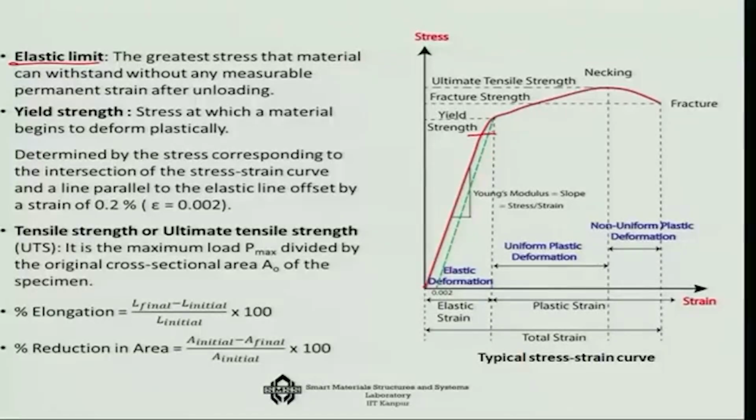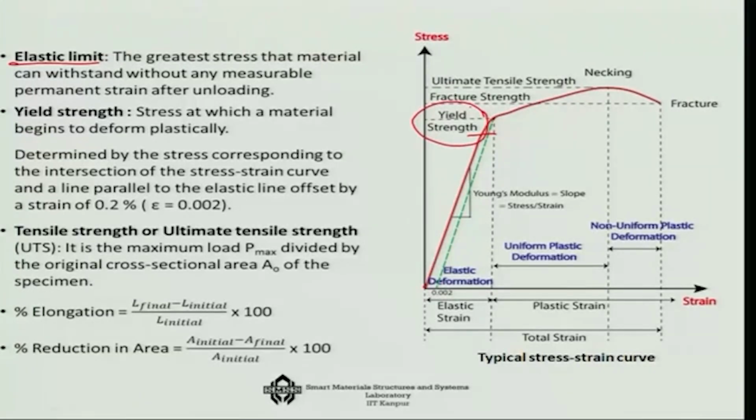Now, in the elastic limit, of course, there are two regions. Up to some point, it is perfectly linear, and beyond that it is slightly nonlinear, but still, if you release in the nonlinear region, it will come back to its original position. That is what defines the elastic limit. Then the point comes here, that is the yield strength point.